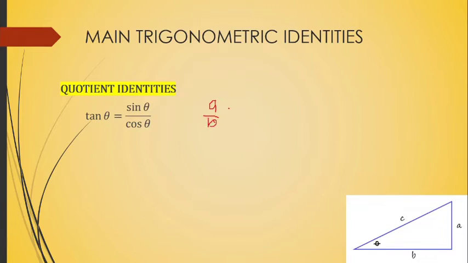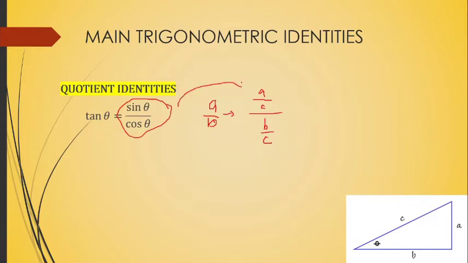If you create a complex fraction divided by C, the hypotenuse, it will become this.